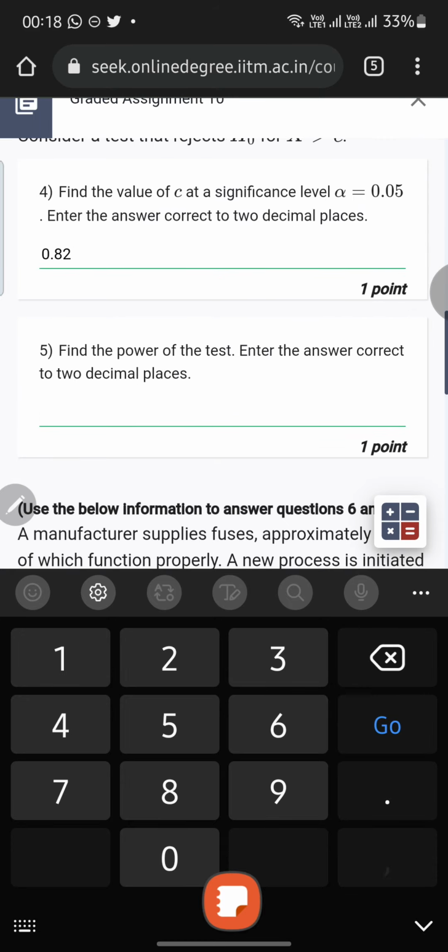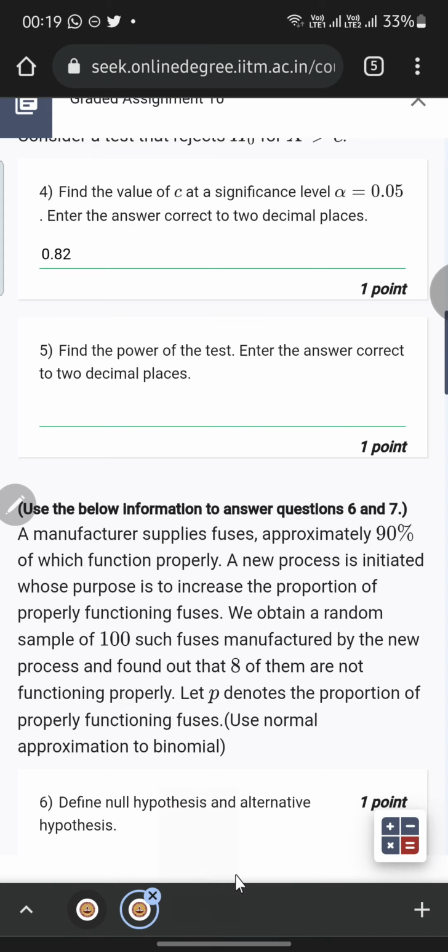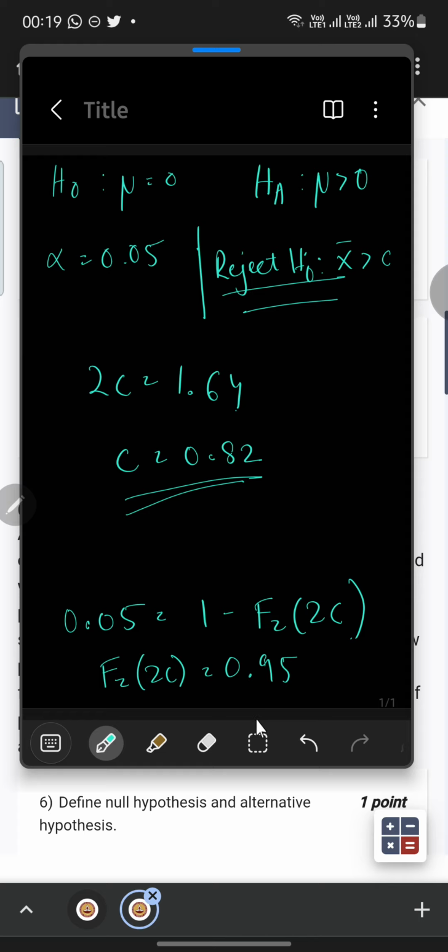Now the next question is find the power of the test. Basically we need to give the answer correct to 2 decimal places. This is pretty easy.